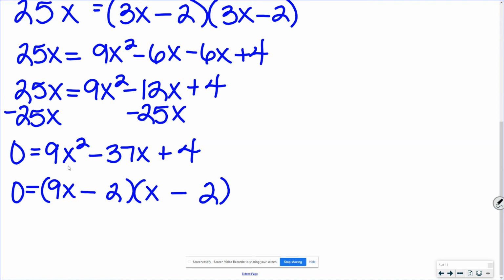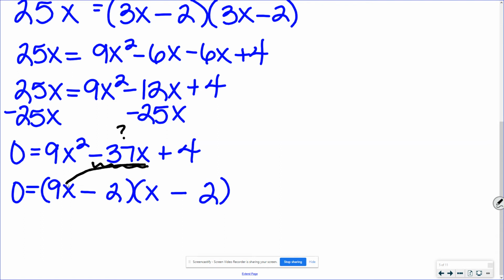Okay, to check your work, technically you need to FOIL all of this out to make sure that it equals 9x squared minus 37x plus 4. But I already know that 9x times x is 9x squared. And I already know -2 times -2 is 4. So really the question at hand is, do the middle terms add up to -37? So we're just going to check that part.